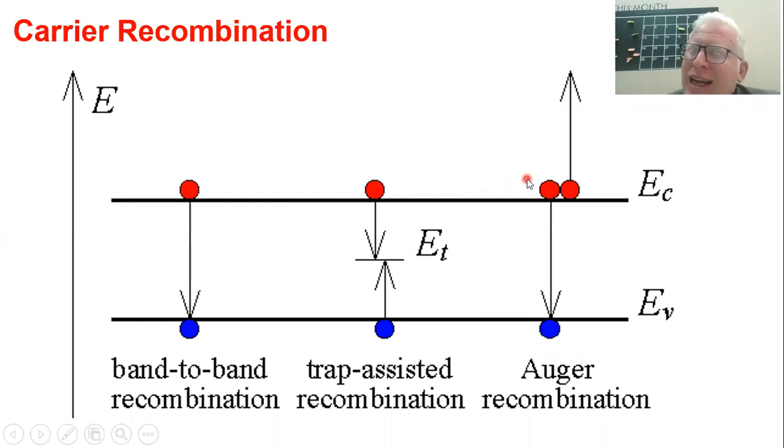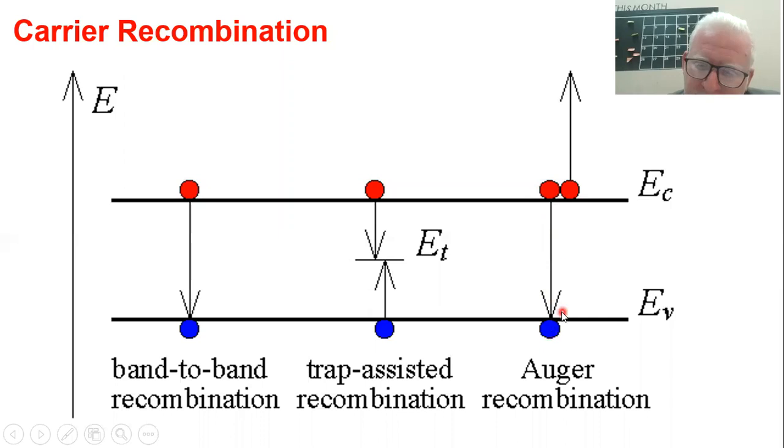The final case is what's called the Auger recombination. This is usually due to collision. When two electrons collide together, one electron transfers its energy to the other and goes down to the valency band.